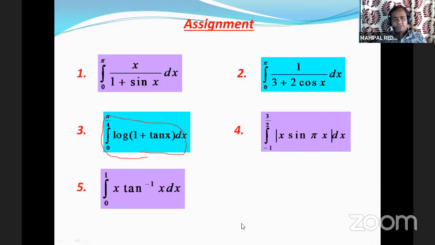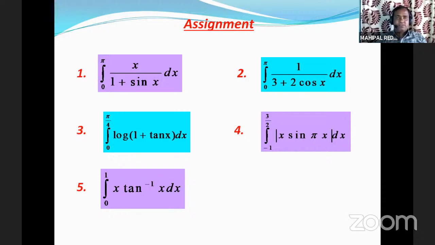So dear student, complete these 5 homework problems and submit to your concerned subject teacher. I'm closing today's session, and chapter 7, definite integration, is also completed. Especially for the academic year 2021, because of the COVID situation, the remaining part of this chapter is deleted for this academic year.